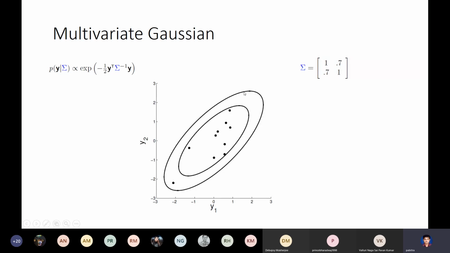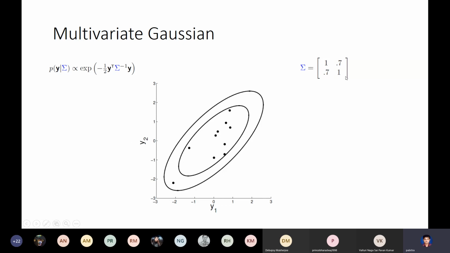If you look at the shape of the contour, the diagonal terms of the covariance matrix determine the dispersion along y1 and the dispersion along y2, whereas the cross-diagonal terms, which are very important here, are the correlation between y1 and y2.